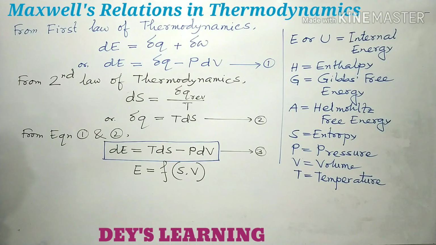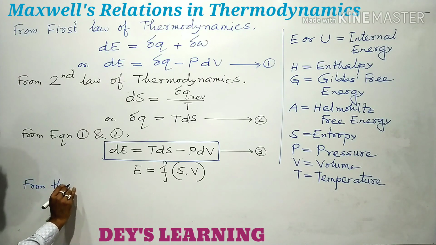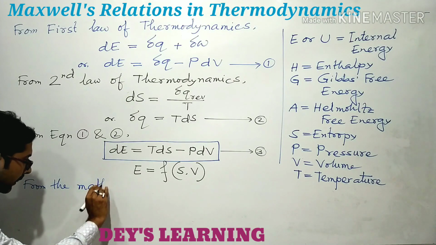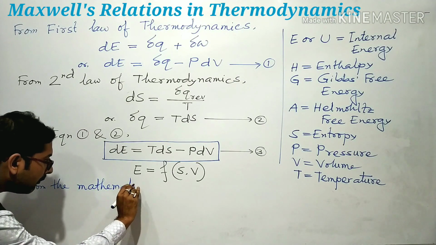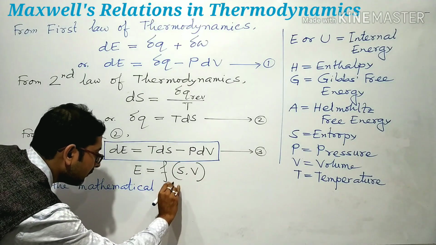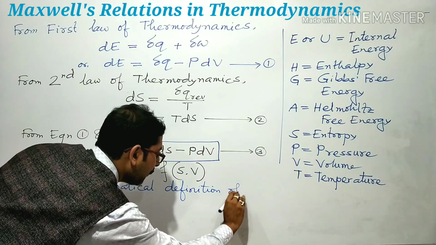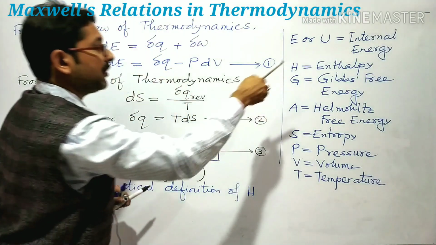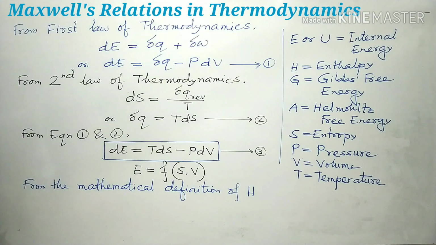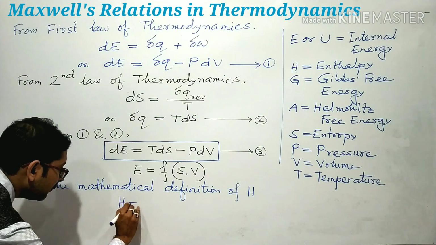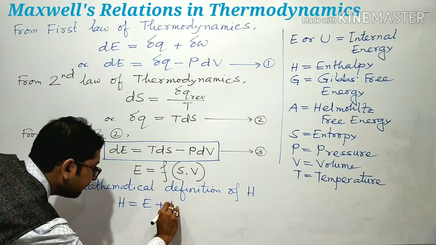Next, from the mathematical definition of H, which is enthalpy of the system, we know H equal to E plus PV.